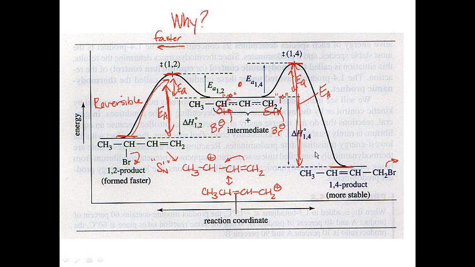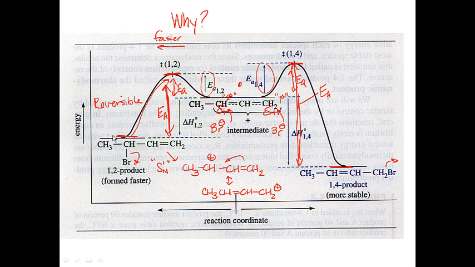So the key is the reversibility. The idea that, yeah, low temperature, short reaction times, these two activation energies are different, and so clearly I'll form more 1,2 product than 1,4.